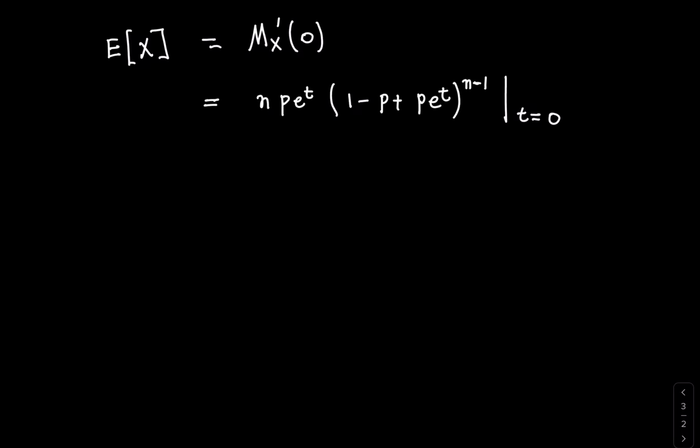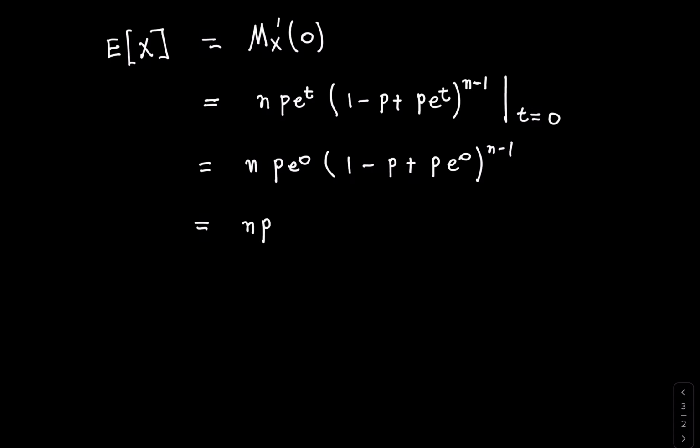0. So let's plug all of this in. This becomes n p e to the 0 times 1 minus p plus p e to the 0 to the power of n minus 1. Now, e to the power of 0, there's two e to the power of 0s. They simply just become 1, because anything to the power of 0 is 1.